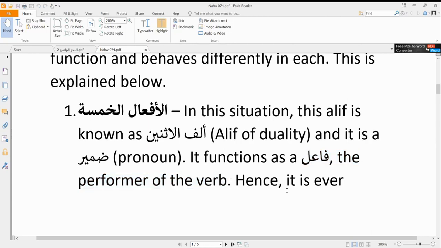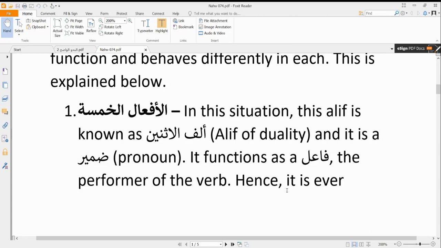No matter what happens to yuslimani, whether it is in a raf'un case, a nasbu case or a jarru case, our alif will always be there. If you remember, we explained that the alama to raf'un in that case is the nun. So the nun is the alama to raf'un in yuslimani.